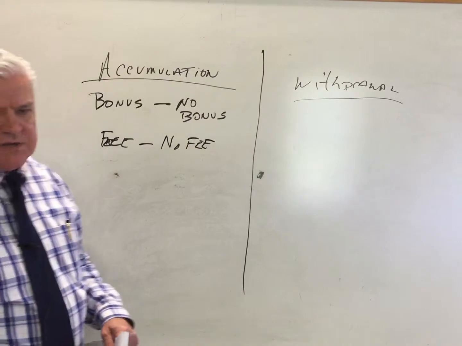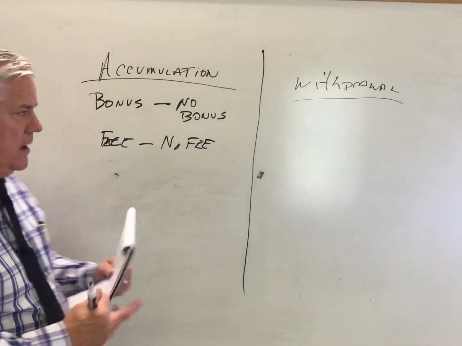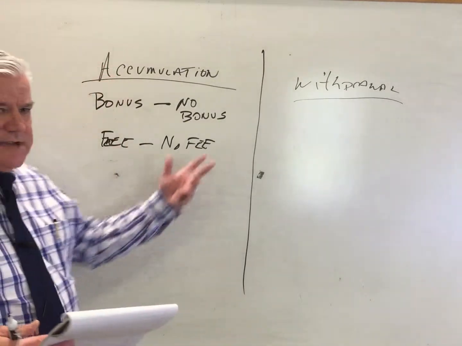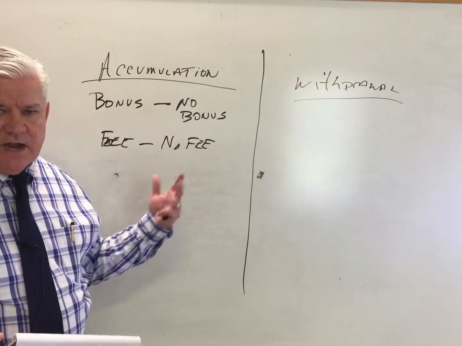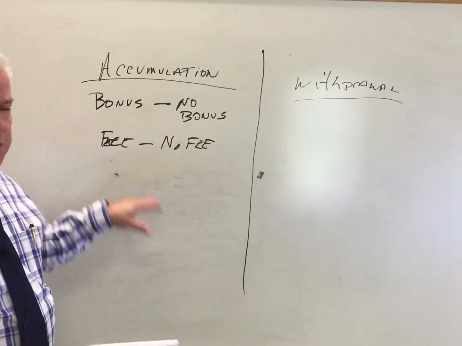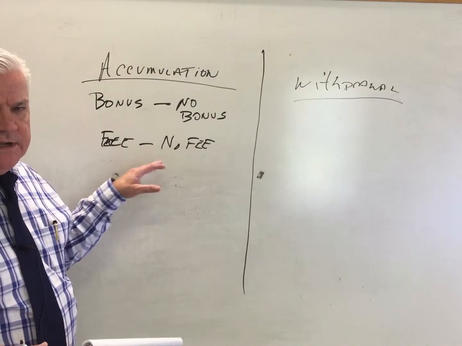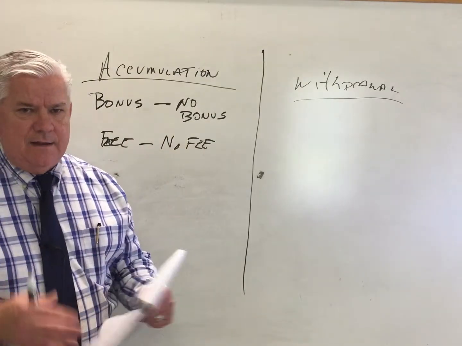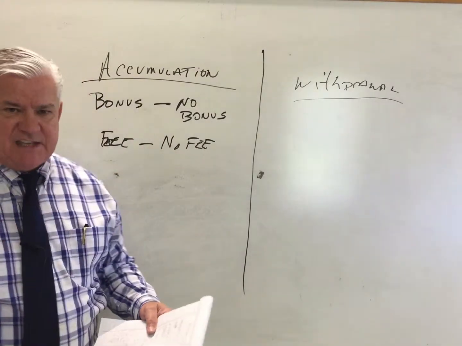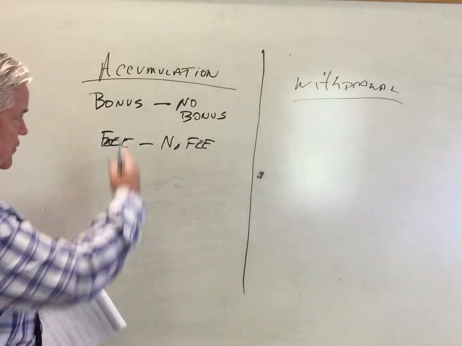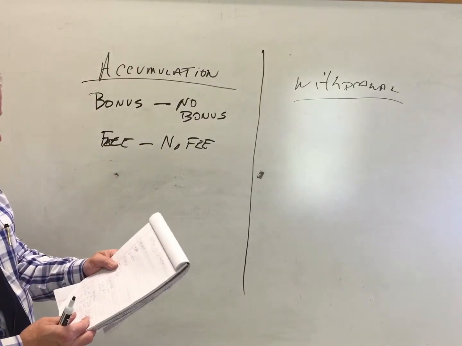You're going to get that question a lot: "Oh, well, how much are you charging me?" Based on the type of product, it's either going to have a fee or no fee. The Choice Accumulation has an optional fee, and we're going to talk about that when we get into that specific product. This is just basic information on annuities right now.